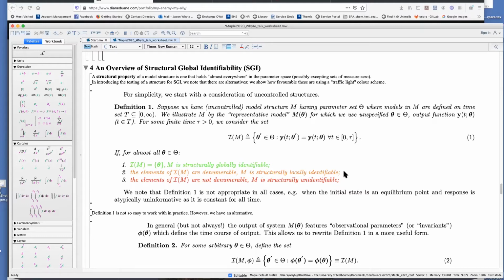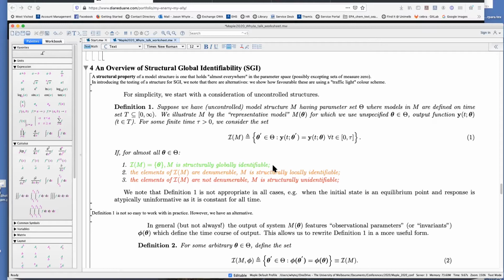It's also embarrassing. The orange light is that possibly you have an isolated solution, so that within any neighborhood of one of these potential theta primes, there's no other competing solution. In that case you may be able to deduce which is the true value, because you have information about the likely range of parameters. But what you'd really like, and this is an idealized inverse problem, so we're dealing with just the model equation, is a record of data that's infinite and error-free, and we assume that the model is the correct structure to represent the physical system.